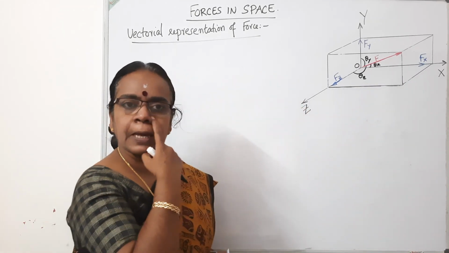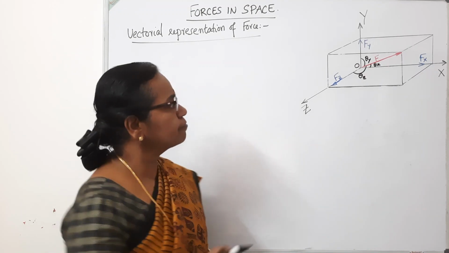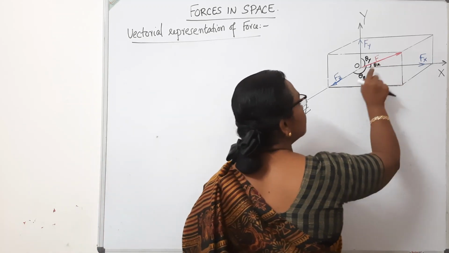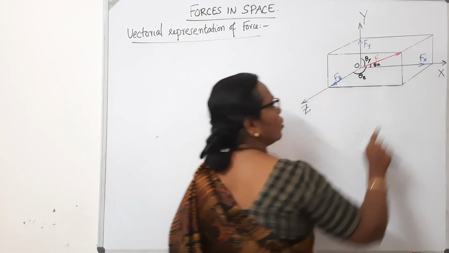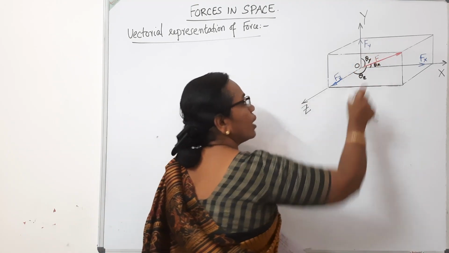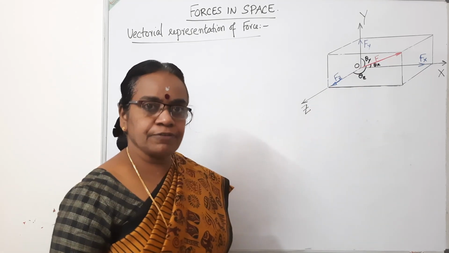So the three axes x, y, z coincide at O, and the force F is marked here. Now the component of this force F along the x direction is called Fx. The component along the y direction is Fy, and the component along the z direction is Fz.